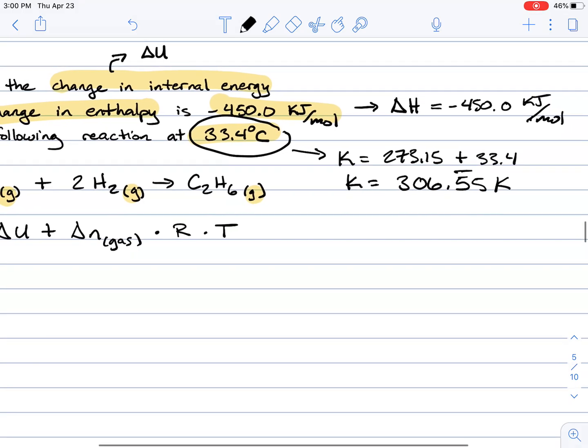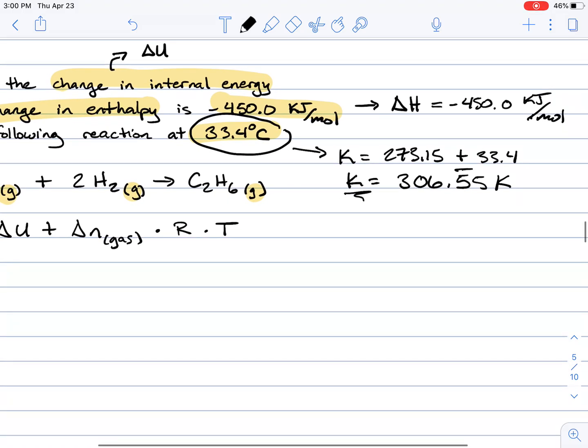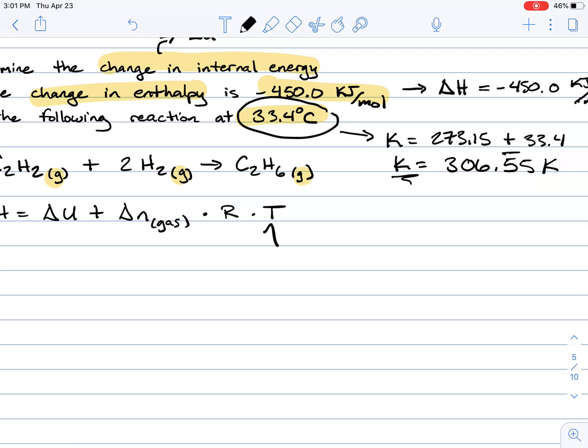So here we have this temperature that's in Kelvin, so we're going to go ahead and plug in 306.55 Kelvin. And that little tick mark above the first 5 is me representing what number I'm going to cut off for sig figs.